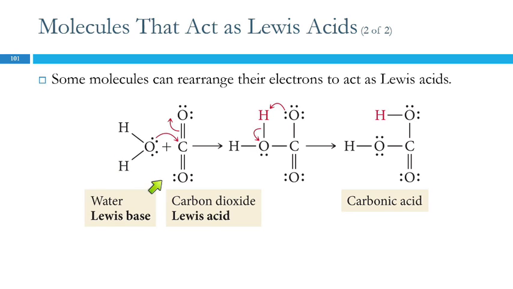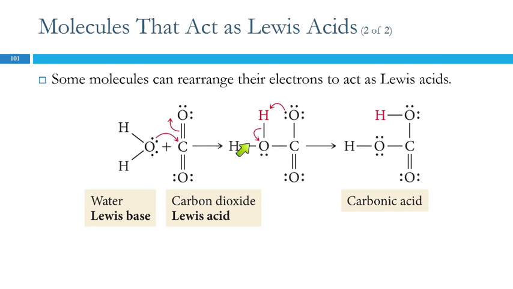So here we've got carbon dioxide. And carbon dioxide doesn't have an incomplete octet. Carbon has 8, each of the oxygens has 8, but it can rearrange. So what happens is a pair of electrons from this double bond rotates up to the oxygen. And a lone pair from water, acting as the Lewis base, comes in to replace that.